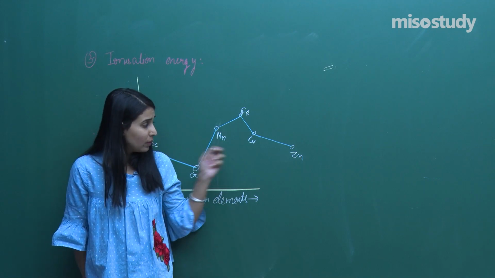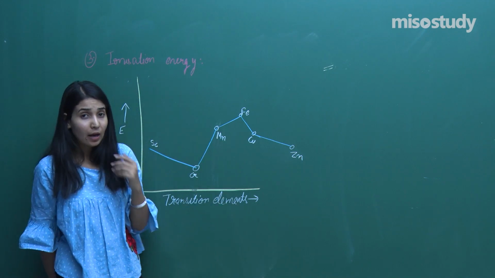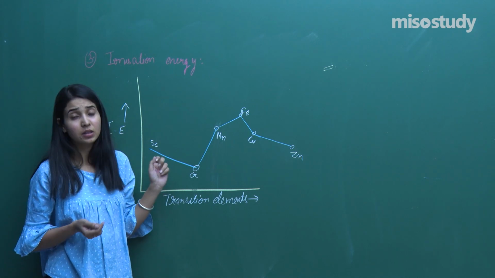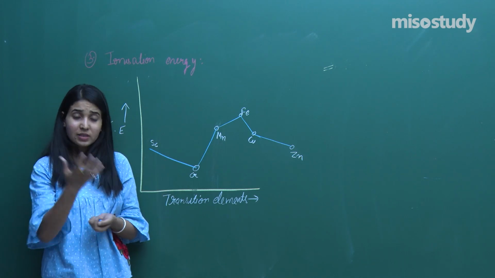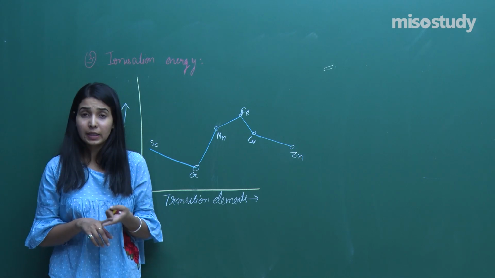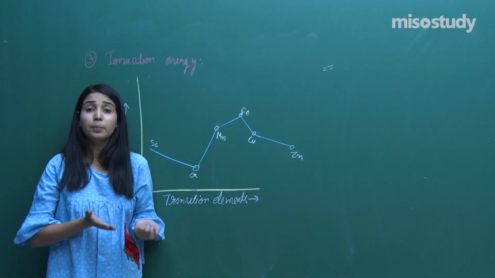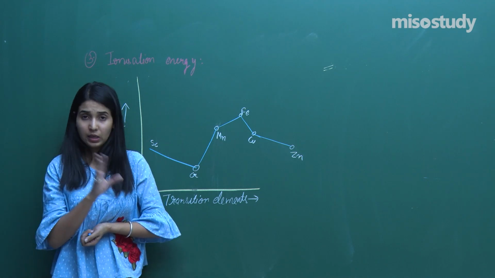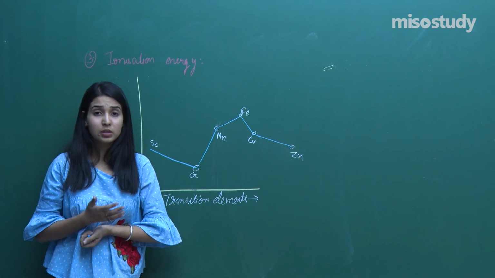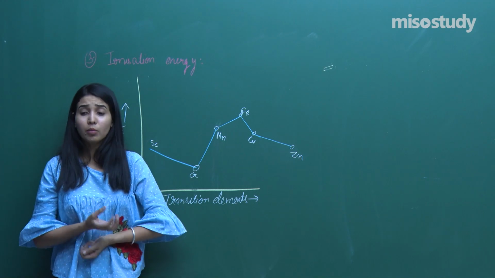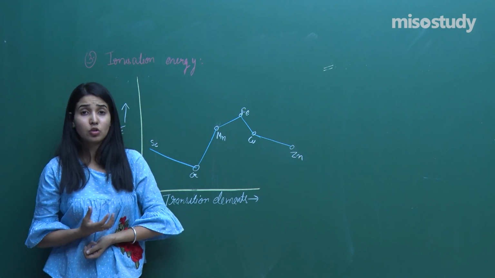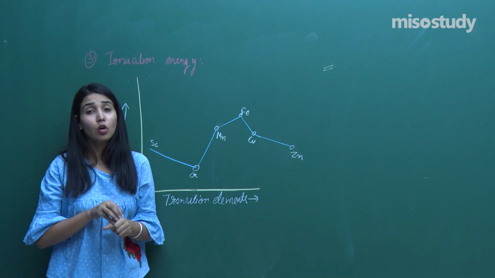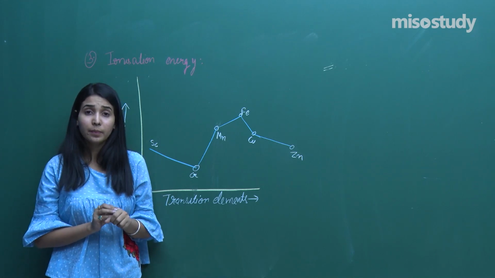Now coming back to my 3D series, that's what I have to discuss. First of all, I see that there is an increase in the value, right? I know that when I am moving along a period, my size is decreasing, because the addition of electrons is happening in the same shell. Now I am talking about the d orbitals and the s orbitals, and every time I have to keep in mind the effect of screening or shielding, right?